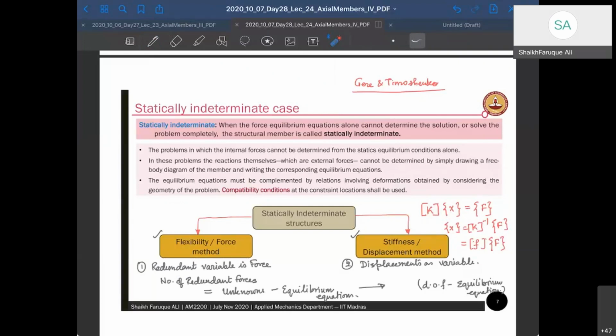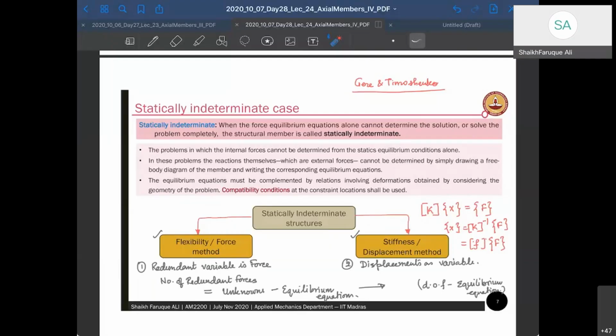What is a flexibility method? In a flexibility method, the redundant variables we consider are the forces. So whatever extra unknowns are there, we consider all of them to be known force variables, and then in terms of that we solve the complete problem. We'll get back to this.